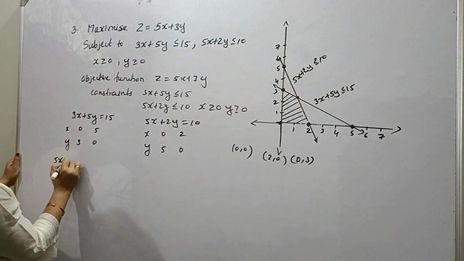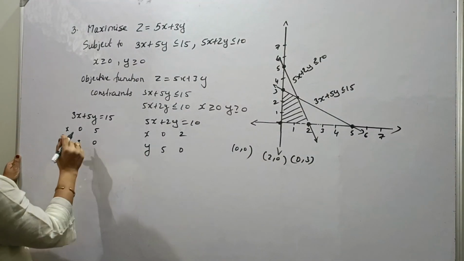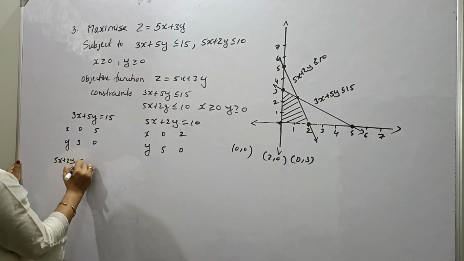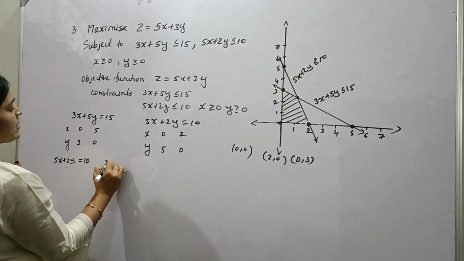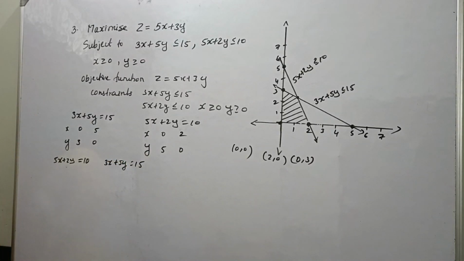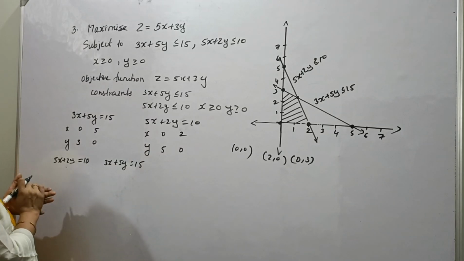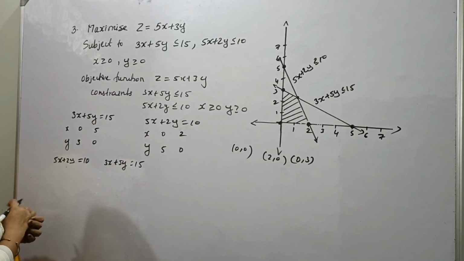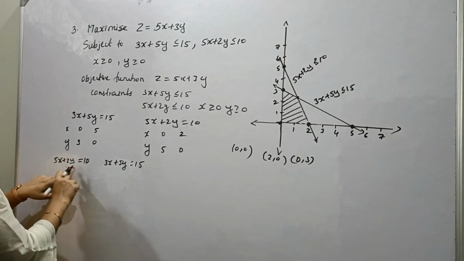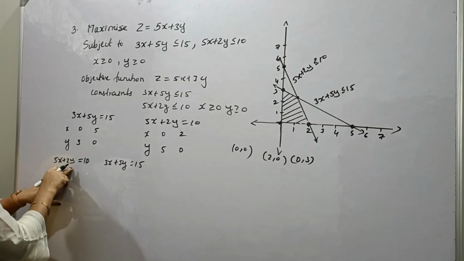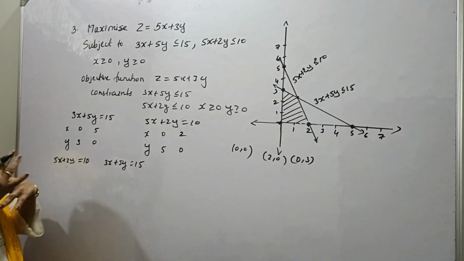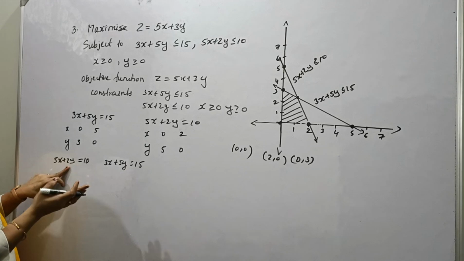5x plus 2y is equal to 10 and 3x plus 5y is equal to 15. Let's solve these equations. So for that, okay, let's make 10y. We have to make the coefficient of x or y equal, any one of them. Make the coefficients the same, okay.